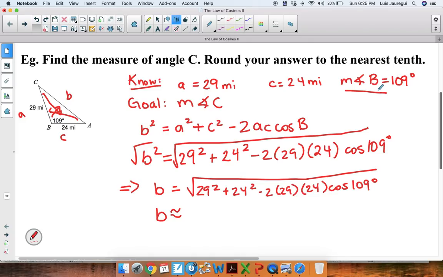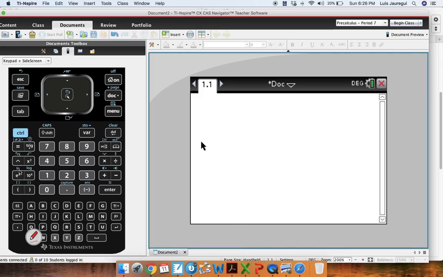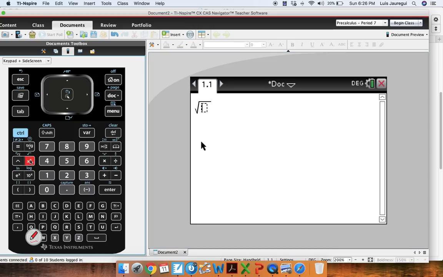In this particular case, I'm going to use technology to come up with this approximation, in particular the Nspire. I'm going to type in the square root by hitting Control and the x squared key so I can activate the square root.